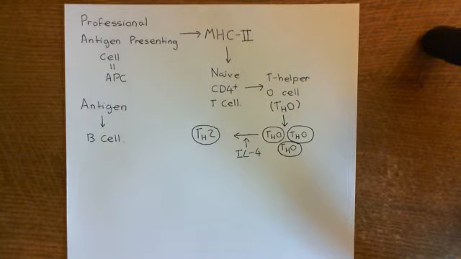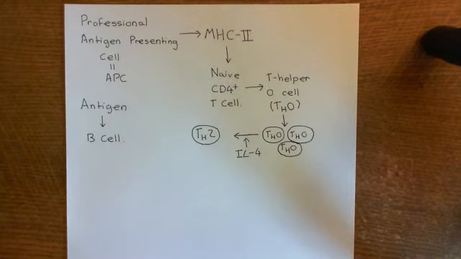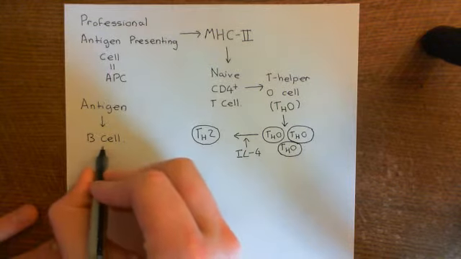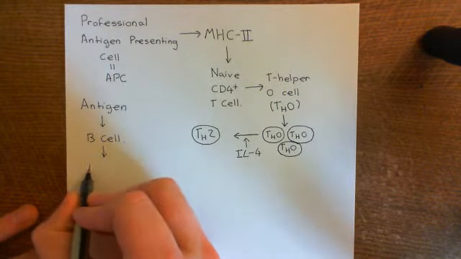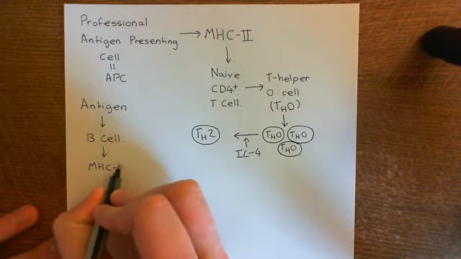So what will happen is the B cell will internalize the receptor into an endosome, into an endocytic vesicle, okay? And then, when you have endocytosed an antigen like that, just like in the case of a phagosome, if it's in an endocytic vesicle, again, the antigen will be broken down, and then its fragments will be exposed on MHC class 2. So again, the B cell is going to express the antigen fragment on MHC class 2.